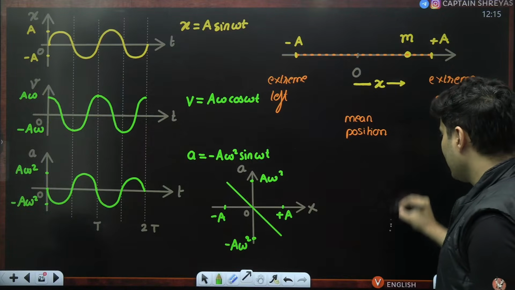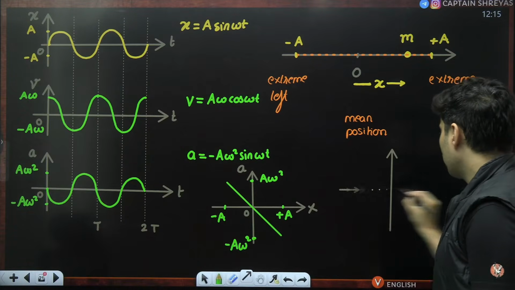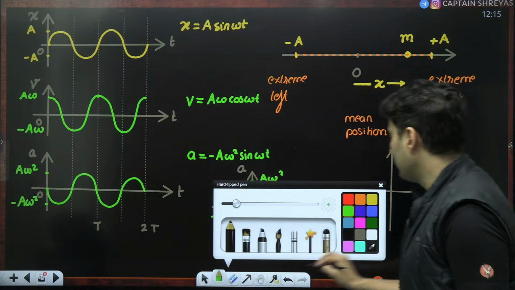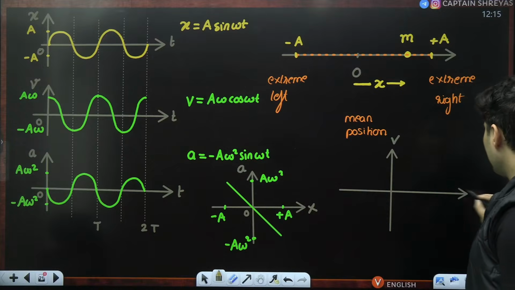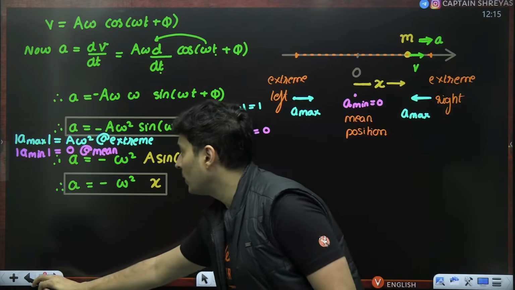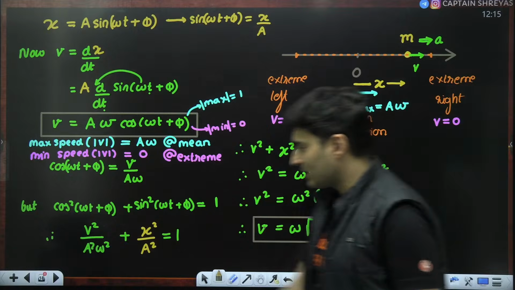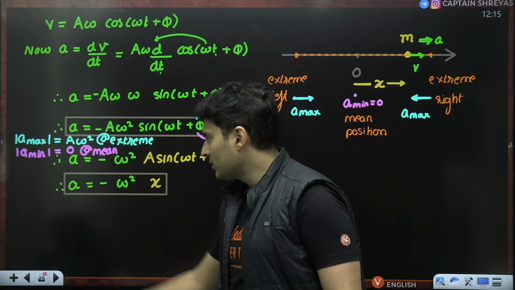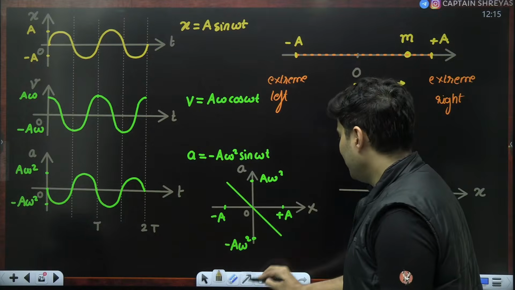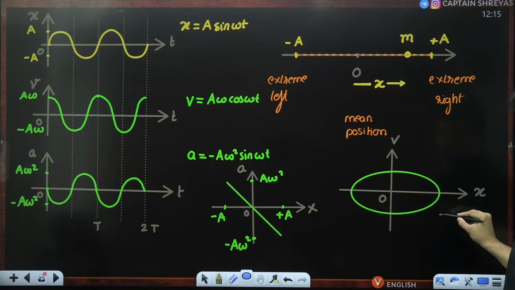Next and the last thing is for velocity. Now you just have to know this. You don't have to get into the details of why it is like that. Just remember velocity and x. This equation gives velocity as a function of x. No, it is not a parabola, it is not a quadratic exactly. It is actually going to be an ellipse, something like this.